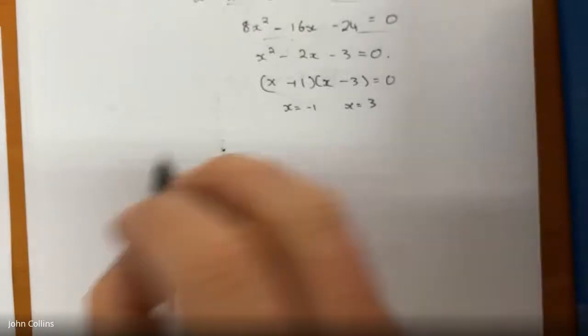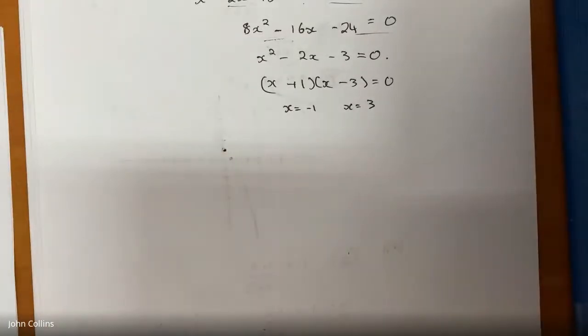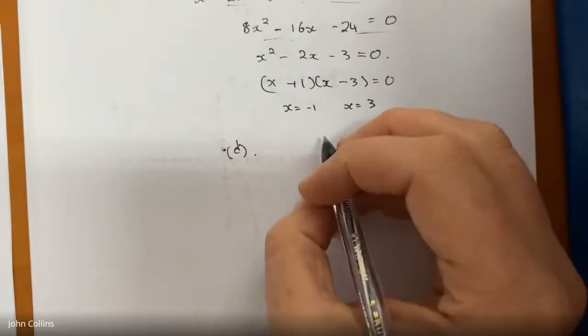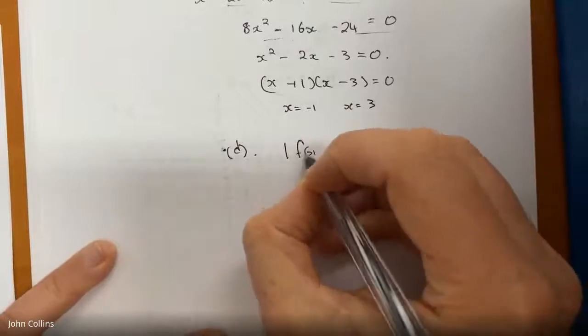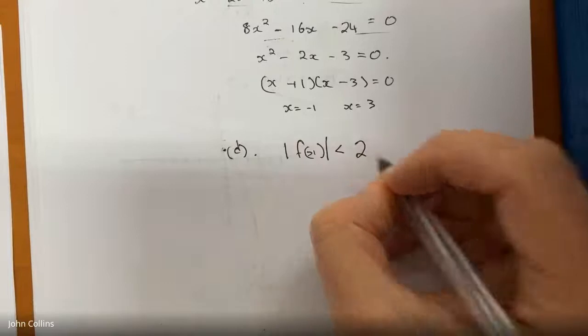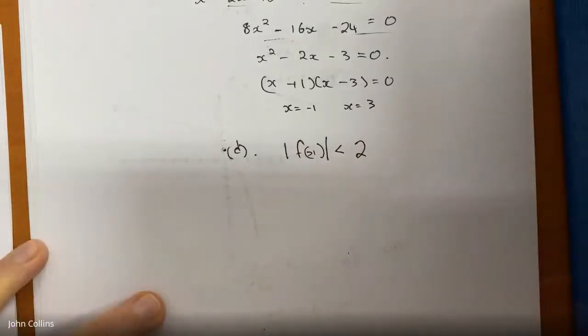Okay, so that was part C, which was find the values. Now it's the absolute value bits. So the first bit is where the absolute value of the function is less than 2.